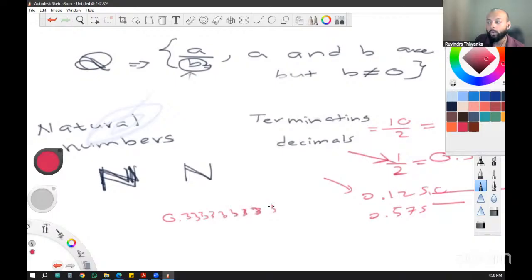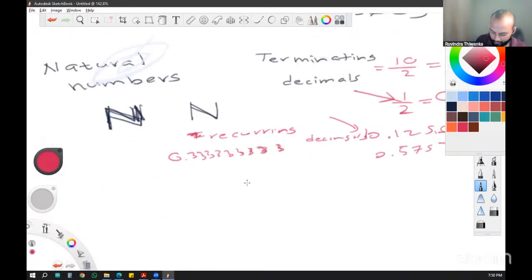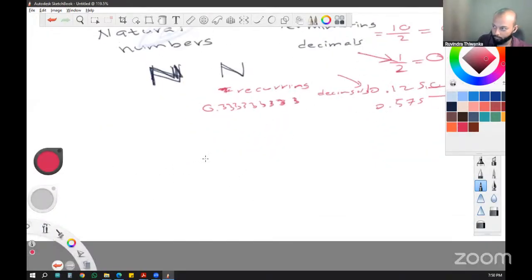These are called recurring decimals. Or else we show it like this, putting a small dot on top. This is a recurring decimal.